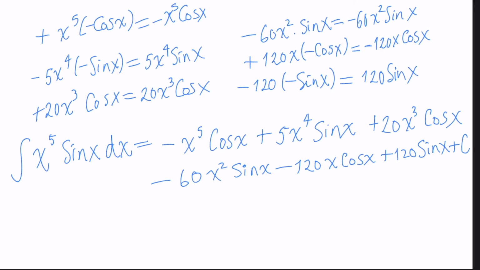What is this trick? It is useful because if we do it step by step, calculating u multiplied by v, like u by v minus integral of v by du, then each time we do it, we will decrease the power of x to the 5 by one.